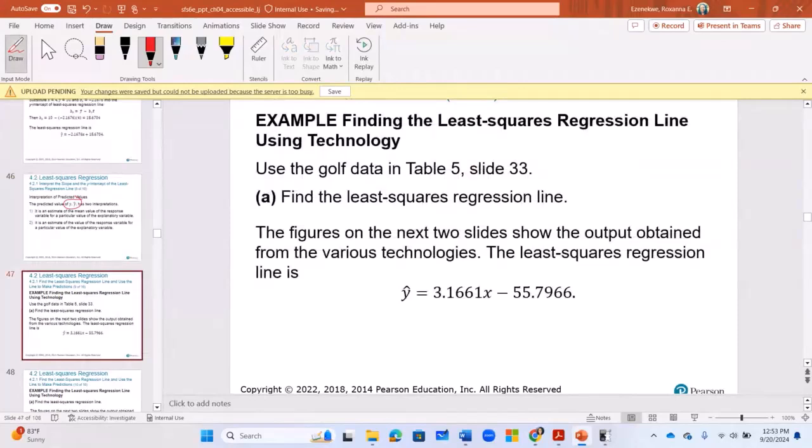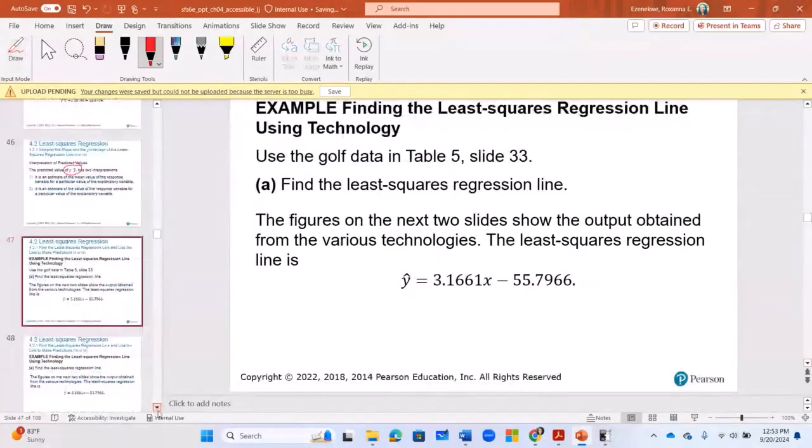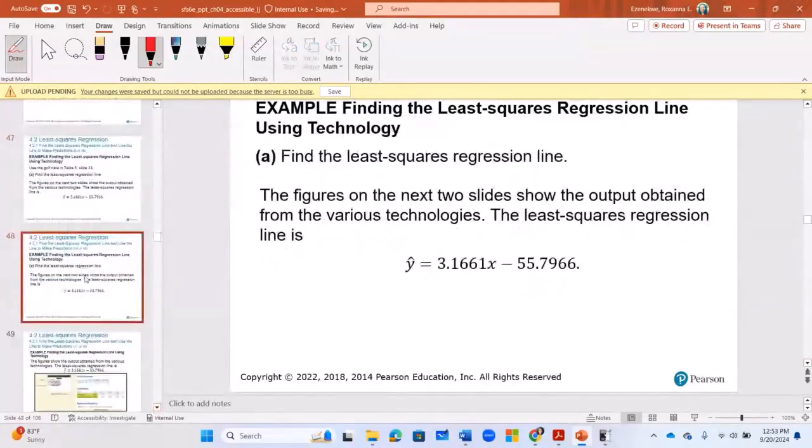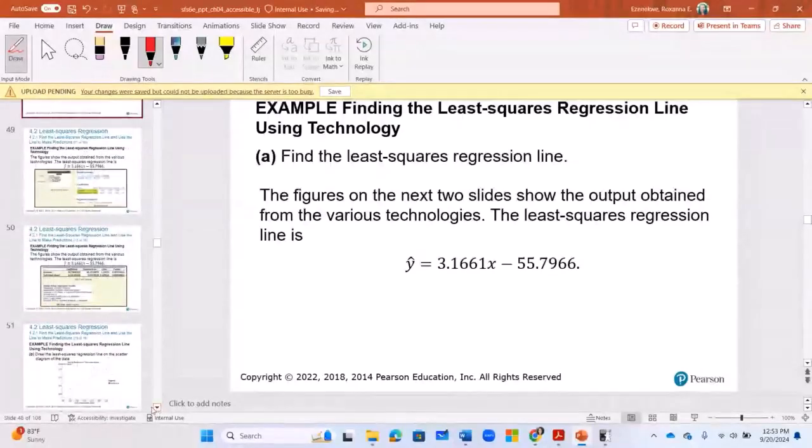So, all right, we can use technology, and we already use technology. This is another equation. Let's arrow up. Try to use your calculator to find the equation so that you don't make mistakes.